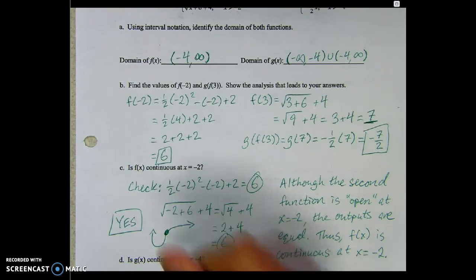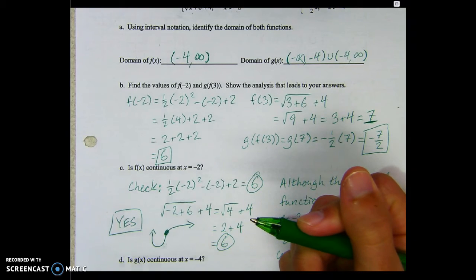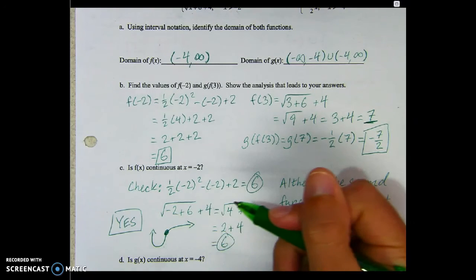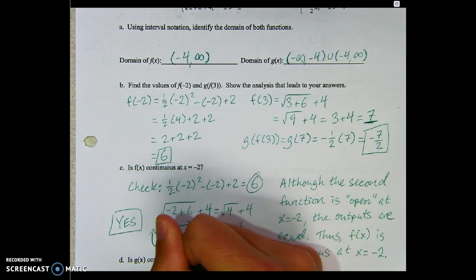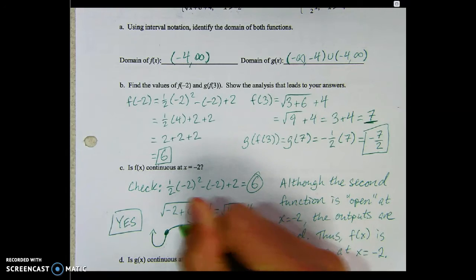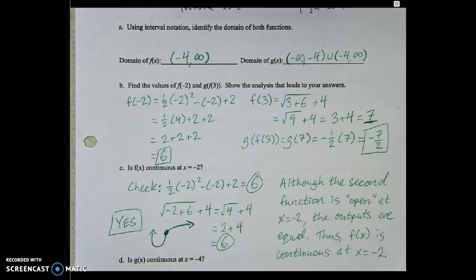So if you think about the graph, really continuous just means I hit this point, and do I have to lift my pencil, or my pen in this case, to pick back up and finish drawing the graph? The answer here is no. I can draw this part, stay right there, and continue. And that tells me that the function is continuous.